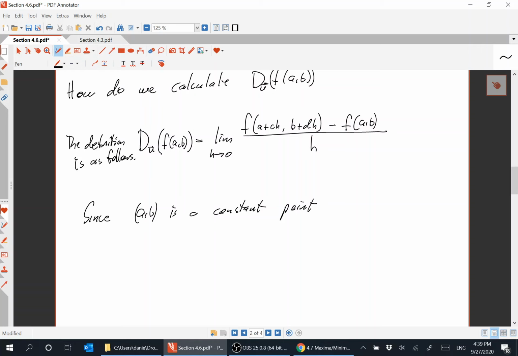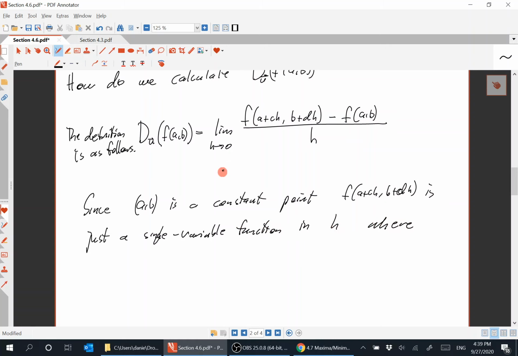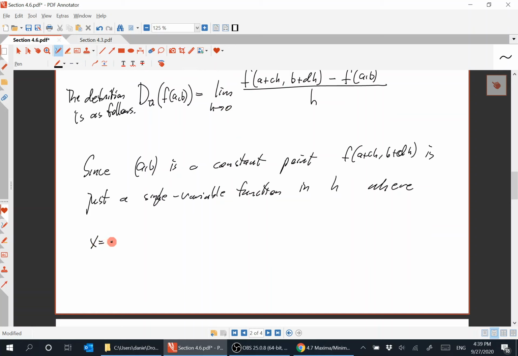Since a and b are constant, f(a plus ch, b plus dh) is just some single variable function in h, where x is equal to a plus ch and y is equal to b plus dh.